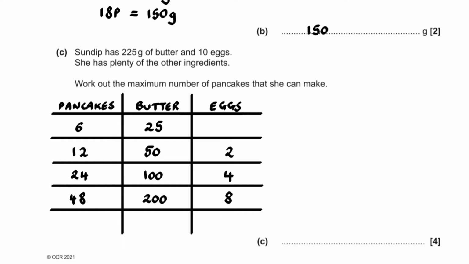So for 6 pancakes I need 25 grams of butter and 1 egg, and that's just halving. Now if I add together the 25 and 200, I get 225, and adding together the 8 and the 1, I get 9. So I've got 225 grams of butter, so I've got enough butter now. I've already got enough eggs to make 54 pancakes. So we require 54.